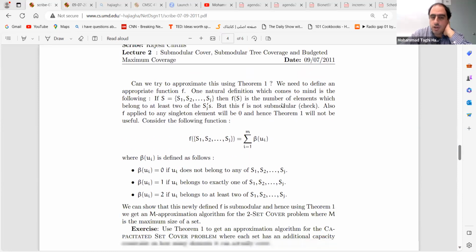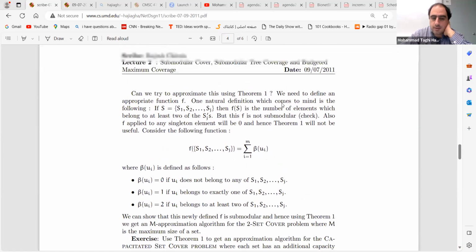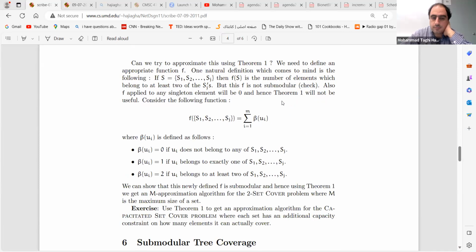So here we want to use the same theorem that we have discussed.